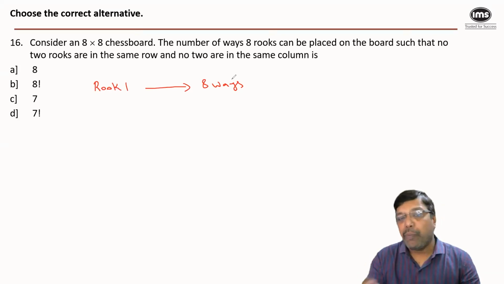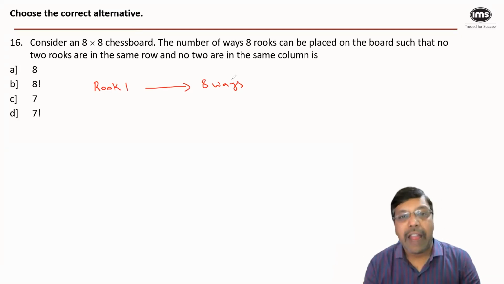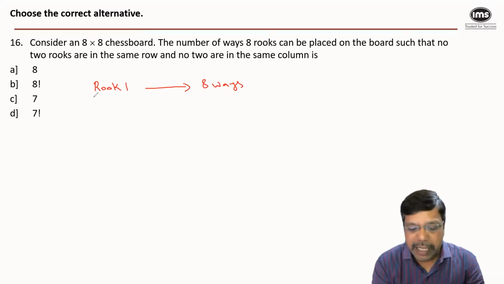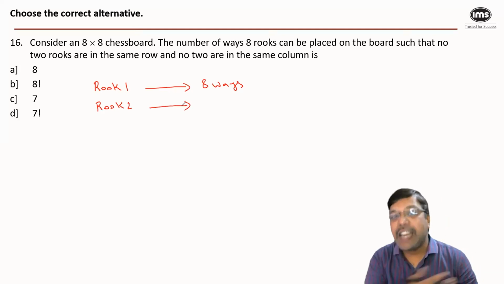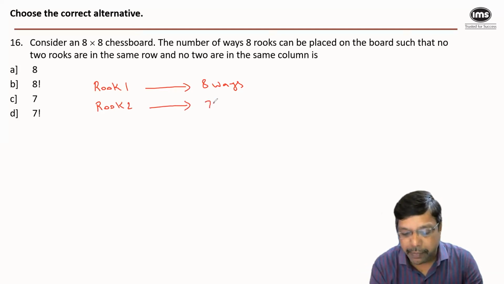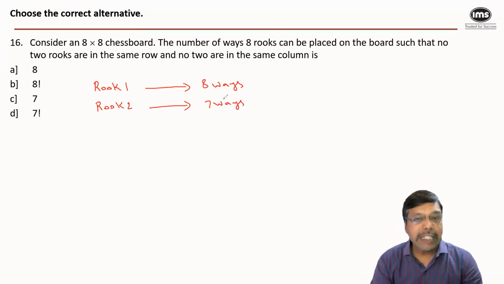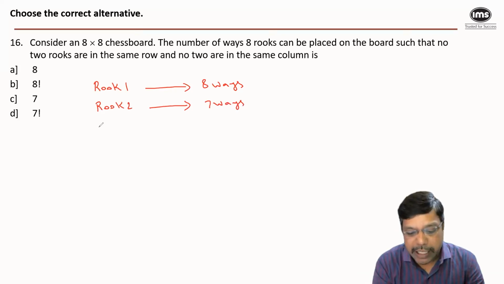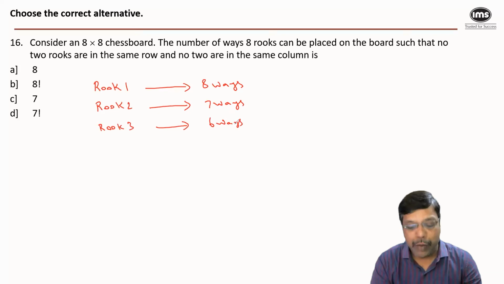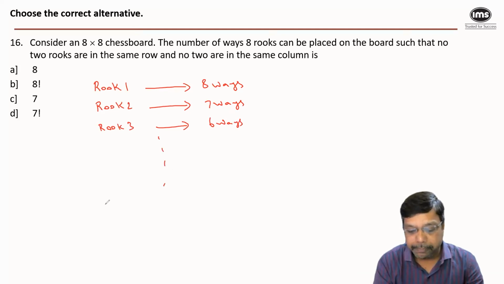Now, once I put the first rook in a place, then that particular row and column are not available anymore, which means for the second rook, I can put it in any of the remaining 7 places, row-wise or column-wise. By the same logic, rook 3 can be arranged in any of the remaining 6 places in 6 ways, and so on.